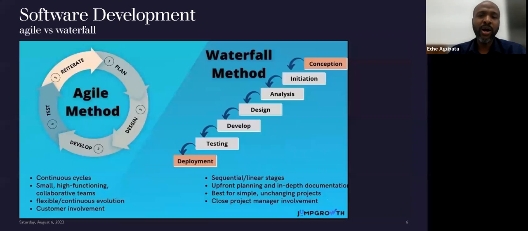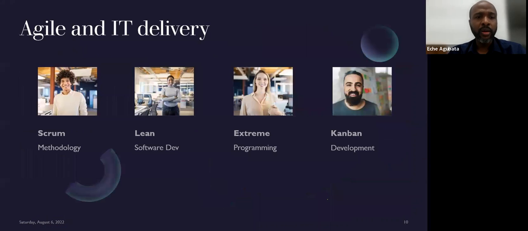We also have lean software development. For lean software development, they try to remove all the guidelines, all the rules, all the methods, as much as possible, and stick to the delivery of the software that has been demanded of them.